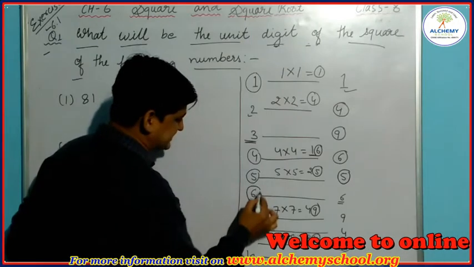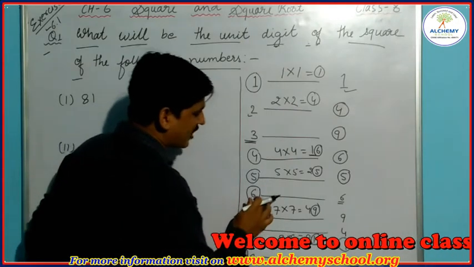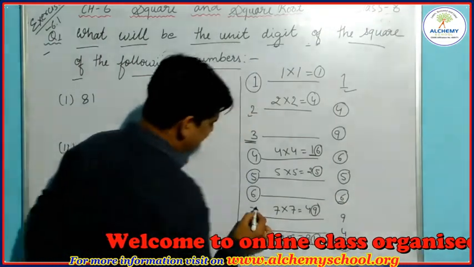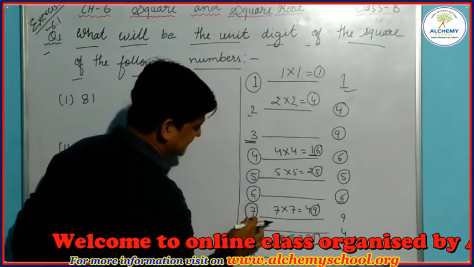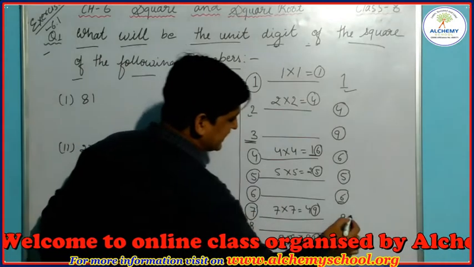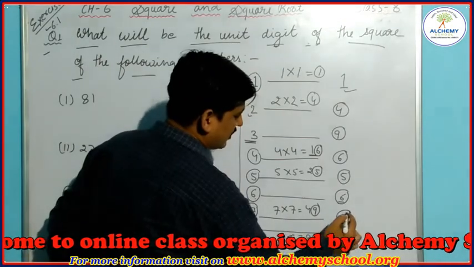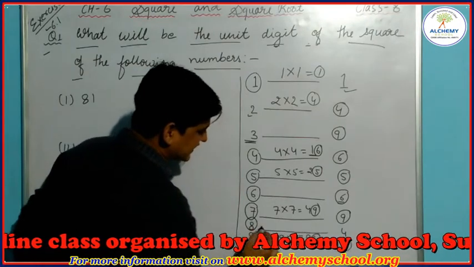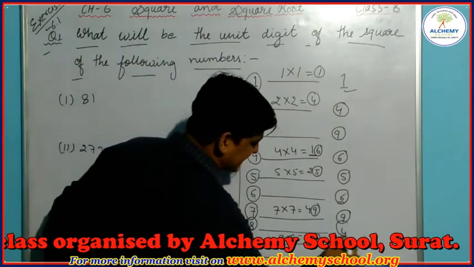If any number contains 6 on its unit place, the square of that number contains 6 on its unit place. If any number contains 7, the square contains 9. If any number contains 8, the square contains 4.